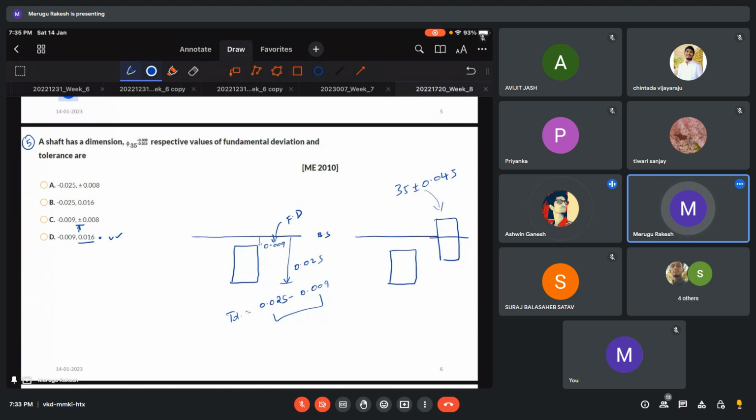Which will be the fundamental deviation? Zero. Fundamental deviation for bilateral tolerances is zero.